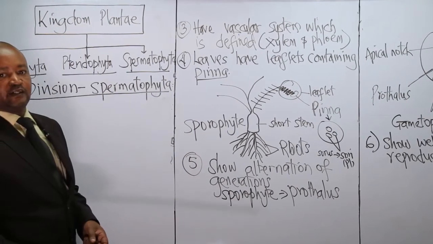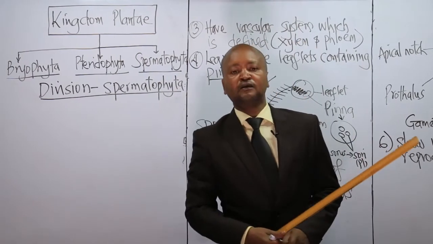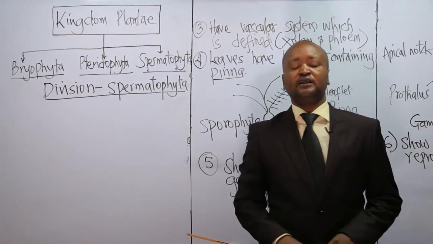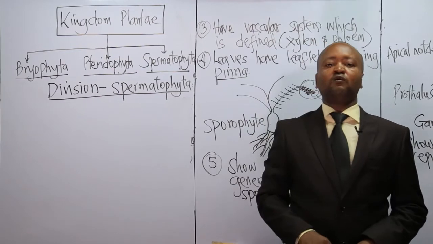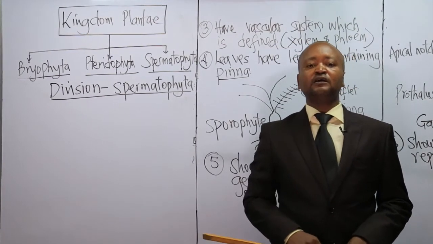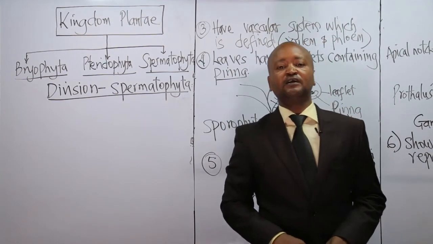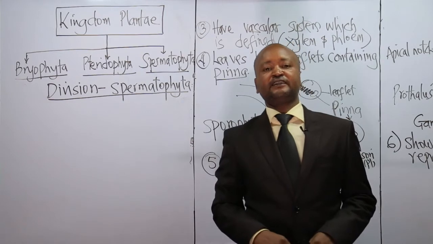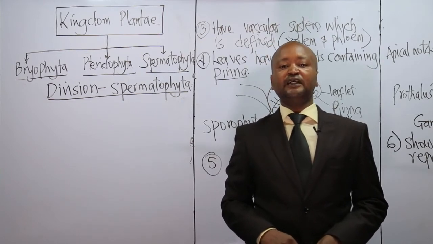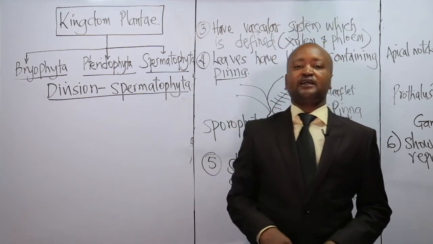Division Spermatophyta. This particular division has very developed members. Why do we say that they are very developed? We say so because a typical plant is supposed to have roots, stems, leaves, and seed-bearing structures.